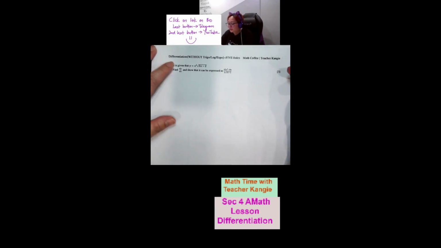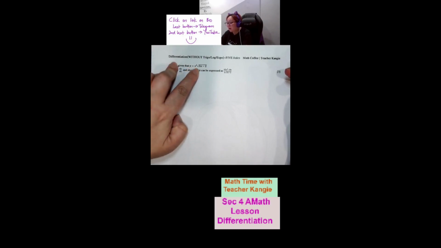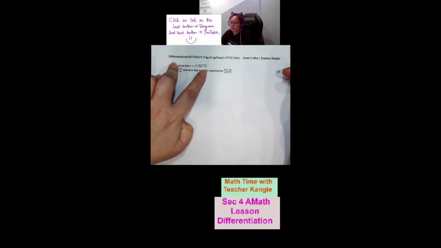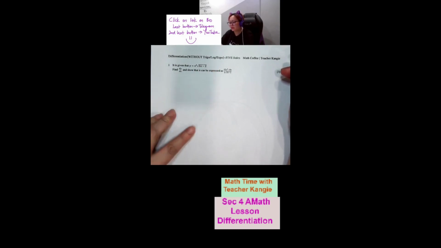It is given that y equals x squared multiplied by the square root of this one. You know that there's no way we can simplify the square root one. So in this case, we know that it's something x multiplied by something x.